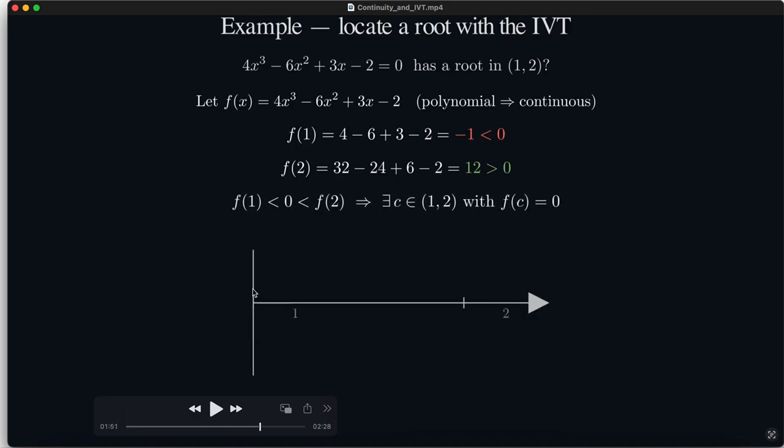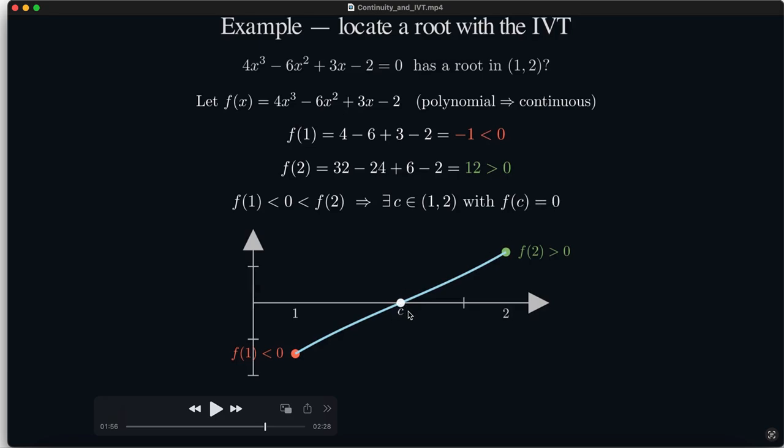So the theorem says that because f of 1 is negative and f of 2 is positive, the function must go through every value between the red dot and the green dot. In particular, 0 is between those two y values, so the function has to go through 0, right? Again, we don't know what it looks like, but the function has to go through 0 at least once. And that's exactly the c such that f of c is 0.